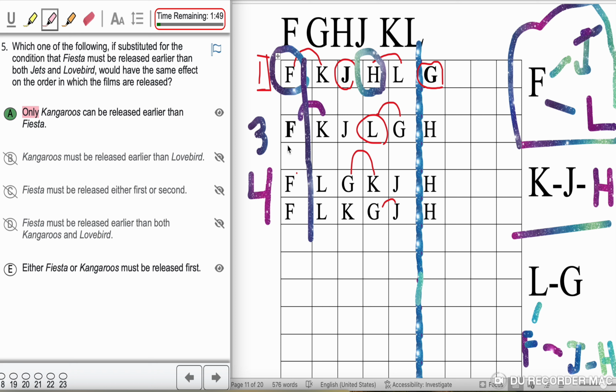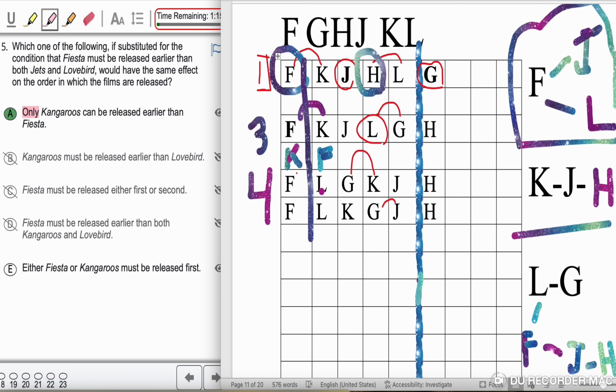However, if you put the first choice, only K can be released earlier than F, that would place K here, and then we could put F here. Then it could be J, L, G, H, which still keeps the information consistent, and it'll still come into play.